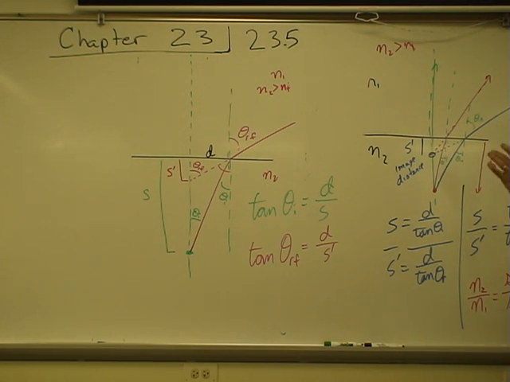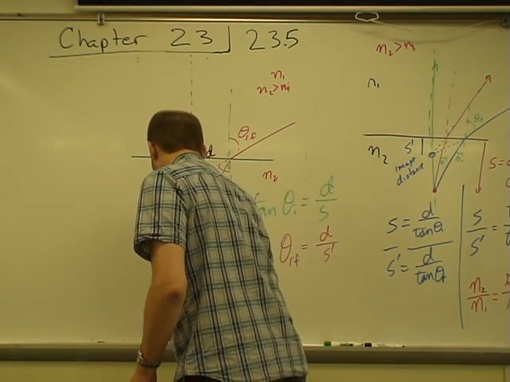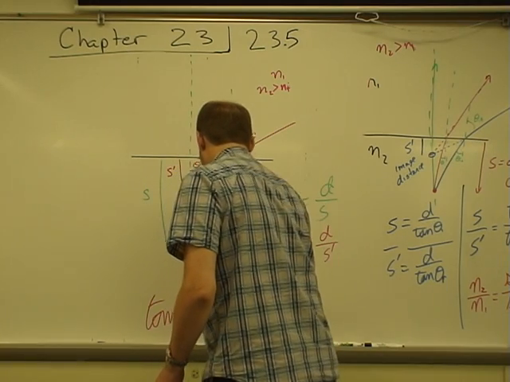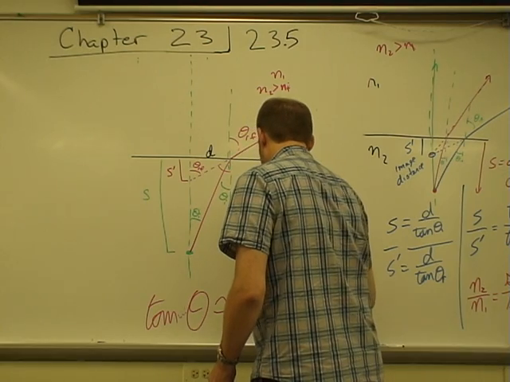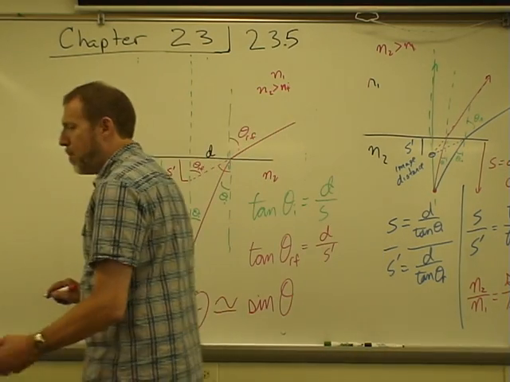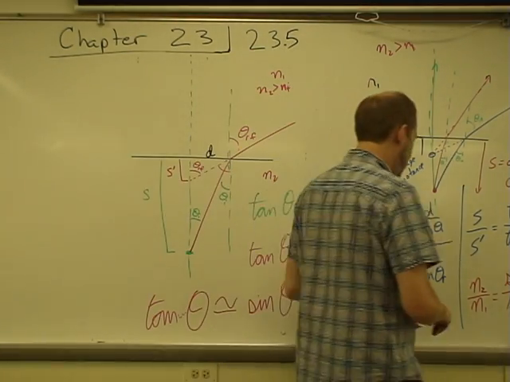And if these angles are small, we're taking an approximation right here. If we weren't going to make these approximations, if we were looking at a tremendous angle, life would be more complicated. But for our first case, if an angle is very small, I can say that the tangent of that angle, using the small angle approximation, is approximately equal to the sine of that angle.